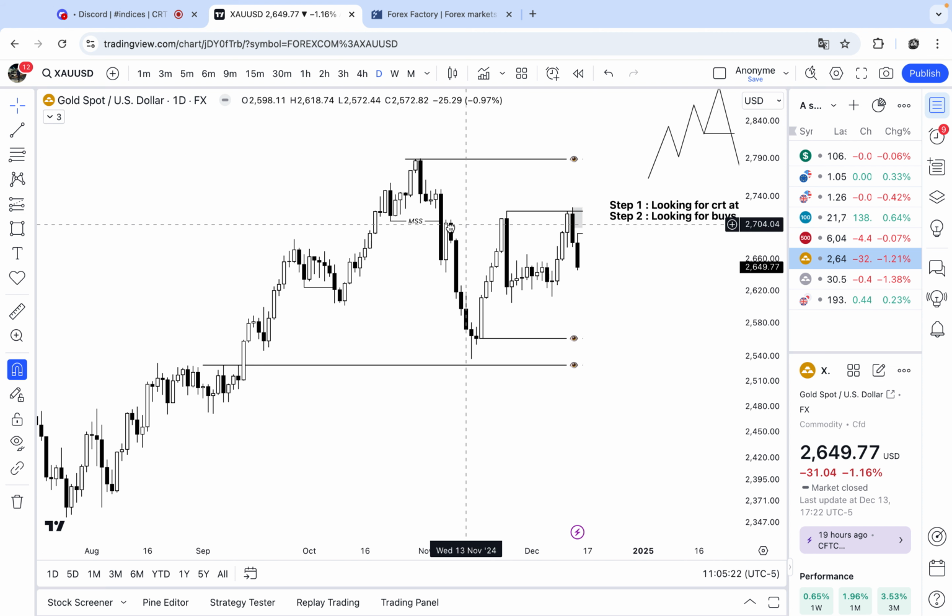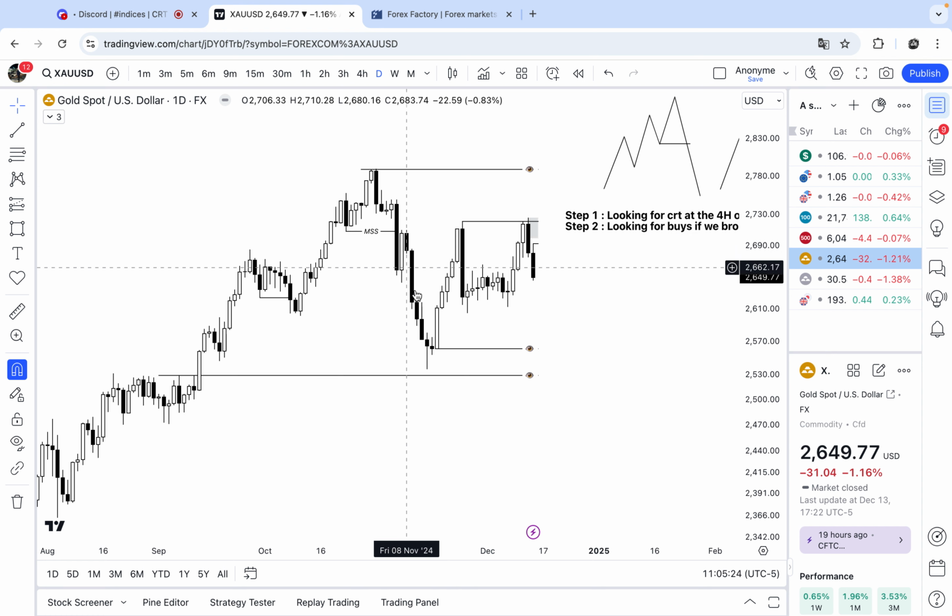In this example, bearish, right? We are bearish, market structure shift. When you see this, you're looking for sells, right? So, for example, right here, you're not taking any trades. It's against the trend.